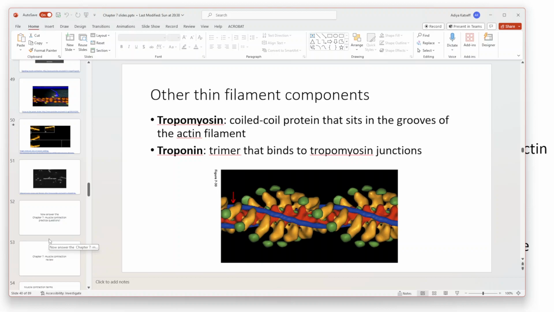You can't see it, I guess, in the image. You can sort of think of it as troponin holding the tropomyosin in place. So if calcium moves the troponin away, the tropomyosin will no longer stay in place. Okay, cool.